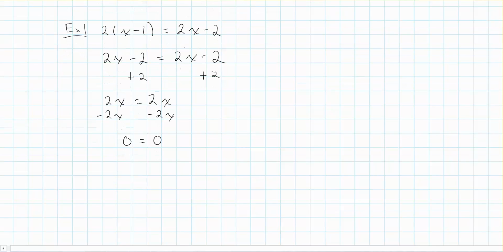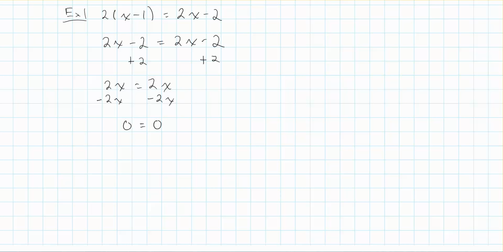The key thing here, and I'm going to emphasize this, is that for an identity, the variable goes away.